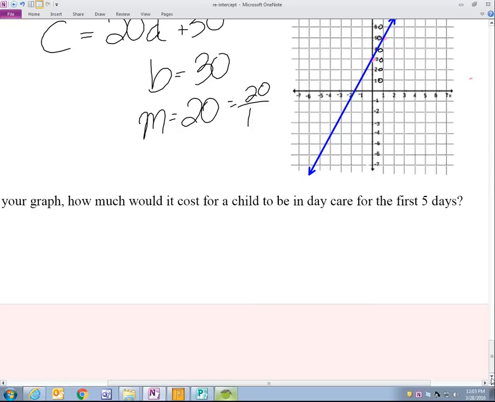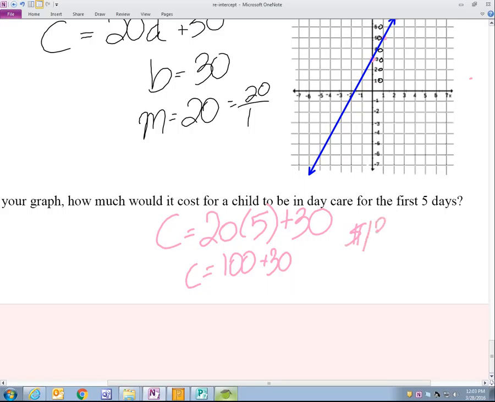So, according to your graph, what would be the cost for daycare after 5 days? What I'm going to do is just plug in 5 for the days. So the cost would be 100 plus 30.